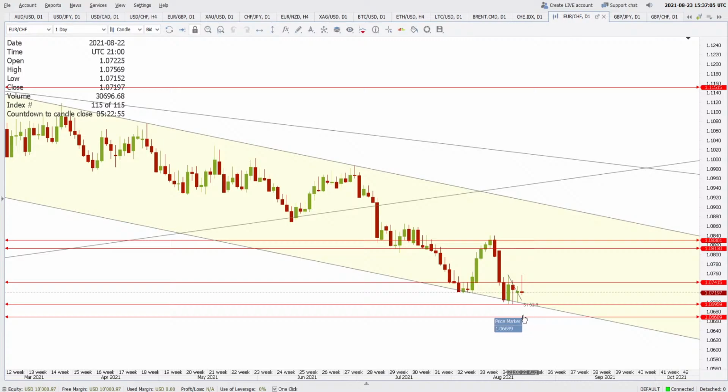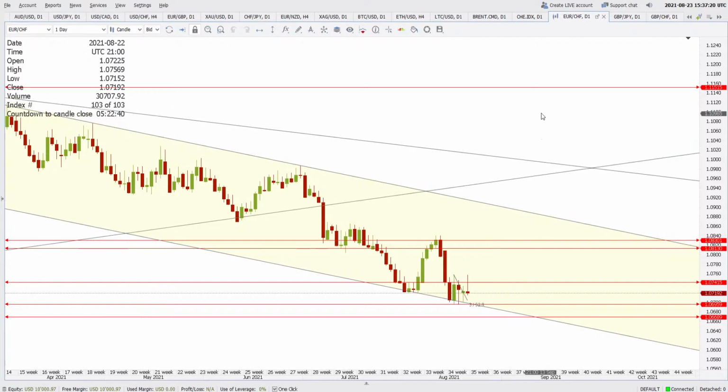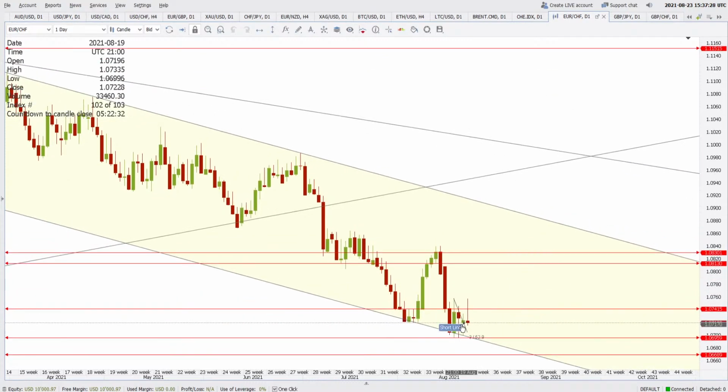The second will be 1.06689, which is very close to the sell level. So risk to reward will not be so good. So maybe wait for the price to go back to this region to open a sell, and otherwise just leave this pair right now. Euro CHF is not very good when we talk about the big pips because it moves in a very small range.